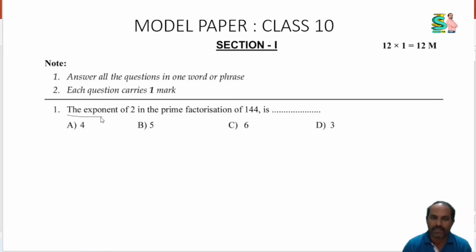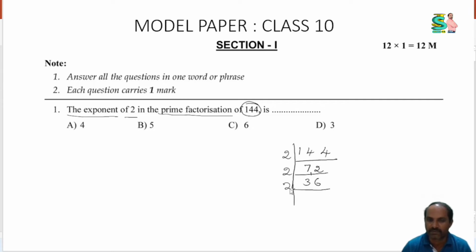The exponent of 2 in the prime factorization of 144 is... So, the prime factorization of 144. 2 7s are 14, 2 2s are 4, 2 3s are 6, 2 6s are 12.